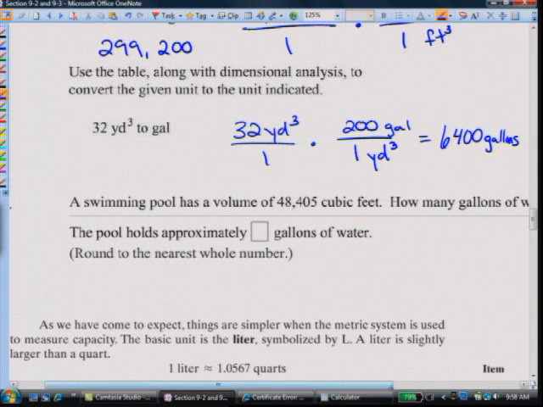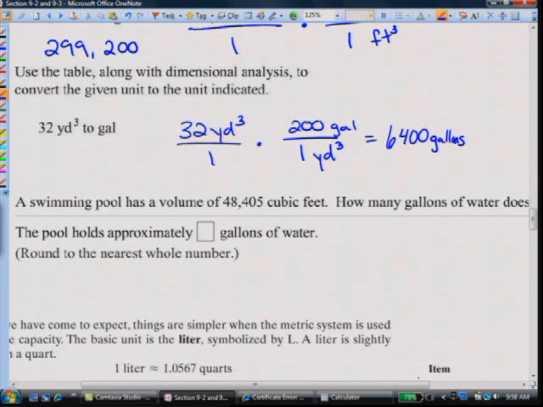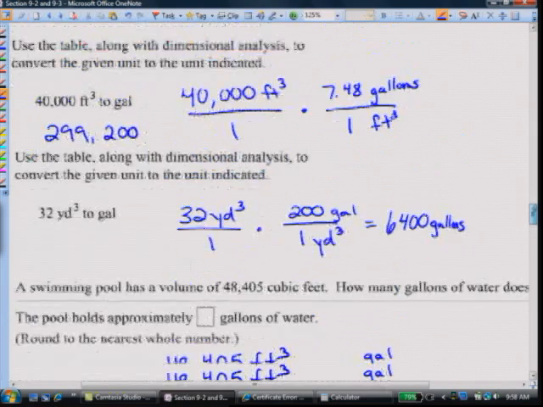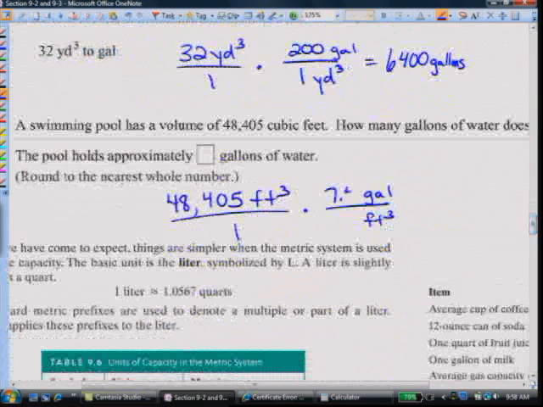Okay, now a swimming pool has a volume of 48,405 cubic feet. How many gallons of water does the pool hold? Well, obviously, that's kind of like what I was saying. 48,405 feet cubed over 1. The unit multiplier that you're going to use there is the gallons to feet, which was 7.48.